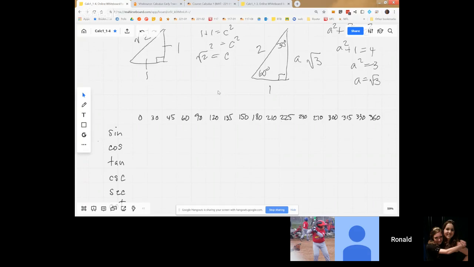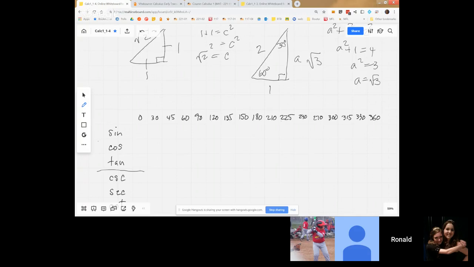Sine is equal to the side opposite divided by the hypotenuse. The cosine is the leg adjacent divided by the hypotenuse, and the tangent is the leg opposite divided by the leg adjacent. So for the time being, I just want to take these first three in the chart, sine, cosine, and tangent, based on that.